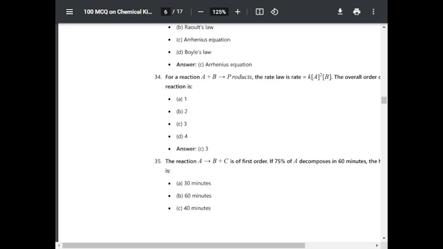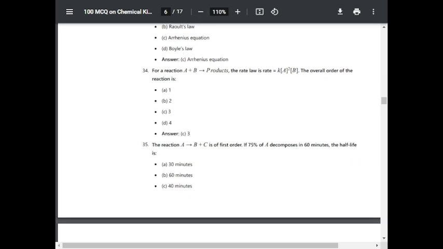Question number 35. The reaction A equals B plus C is of the first order.